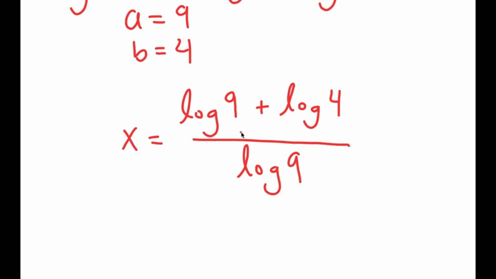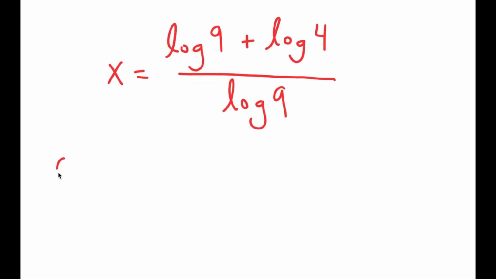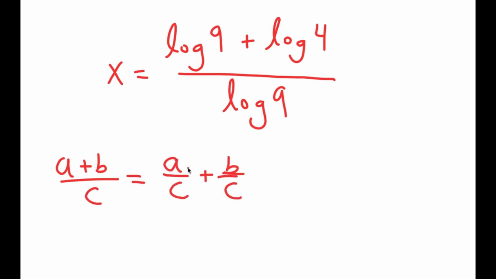Now, if I have something in the form a plus b over c, this is equal to a over c plus b over c, and this is just using fraction properties.